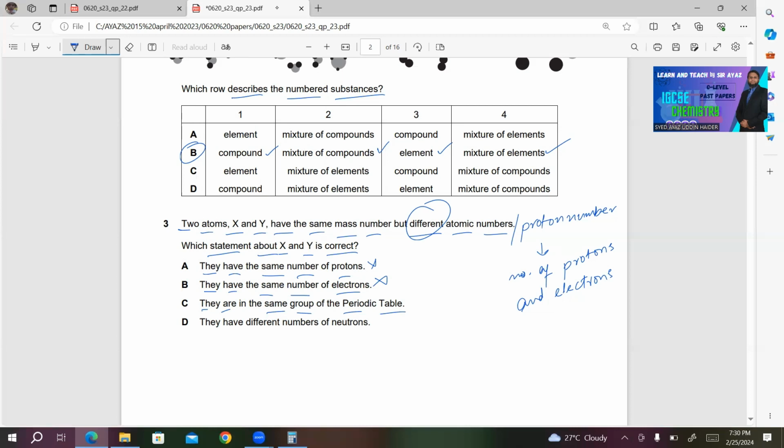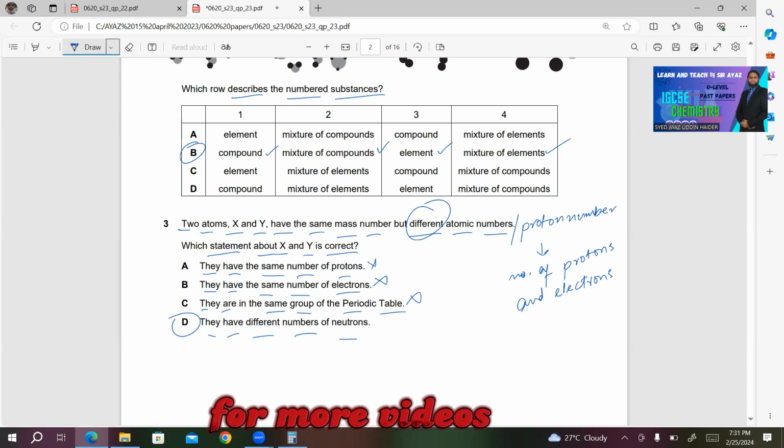Now, D, they have different numbers of neutrons. This is the only choice left, which will be correct because they must have different numbers of neutrons as they have different numbers of protons, but the mass number is the same.